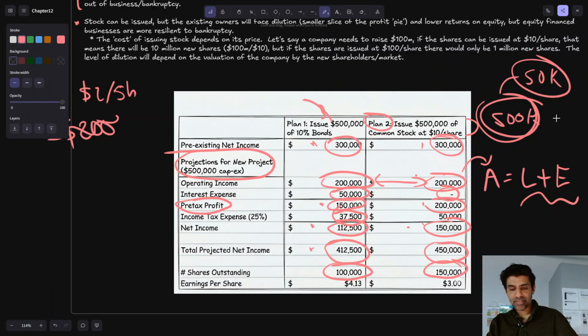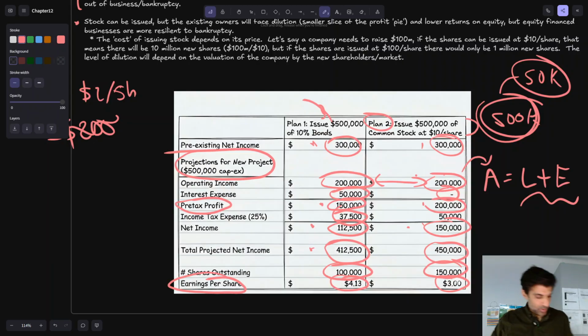So in this second case, we have 150,000 shares. So when you do the earnings per share, you can see that it's higher for the plan where we had the bond issuance. So the existing shareholders are getting more bang for their buck by borrowing money rather than splitting up more profit with way more people.